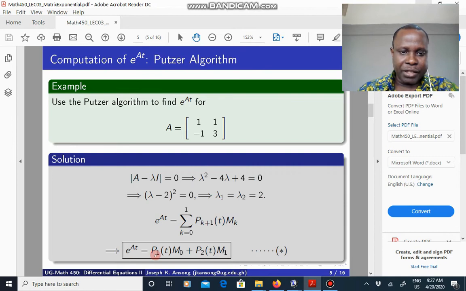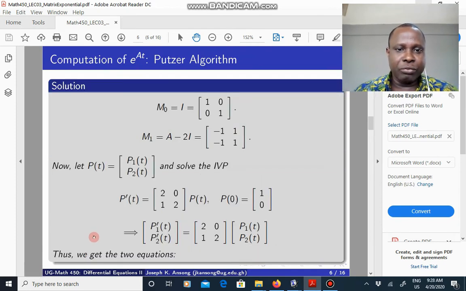All you need to do is compute P1 and P2, and M0 and M1, and plug them into the right hand side, and then you get the matrix exponential. That's all. It's a straightforward approach. So M0 is just the identity matrix, M1 is equal to A minus 2I, and that gives you this matrix.